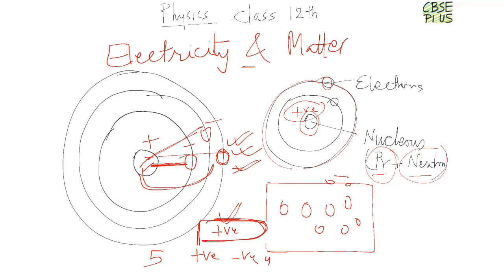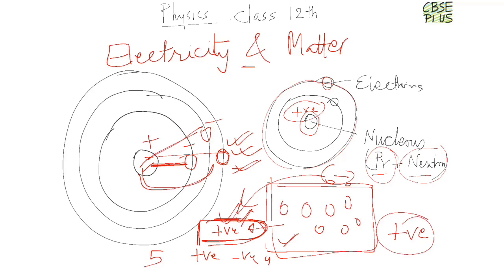So this charged object, when it comes in contact with this bigger object, can attract one electron, and once the electron gets into this object, the prior object becomes positively charged. Why? Because it has given one negative charge to this object, so the negative charges decrease while the positive charges stay stable.